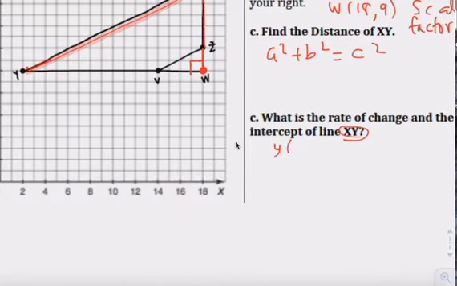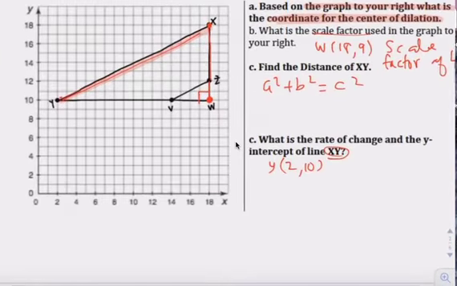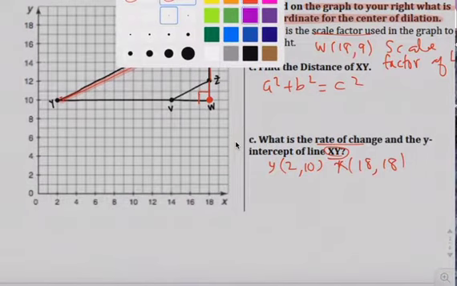Y is 2, 10. X is 18, 18. Okay, so in order to find the rate of change and y-intercept, well, rate of change is easy.